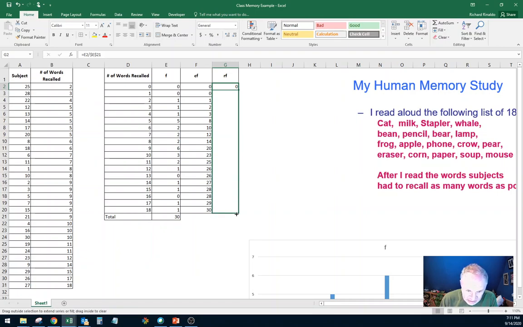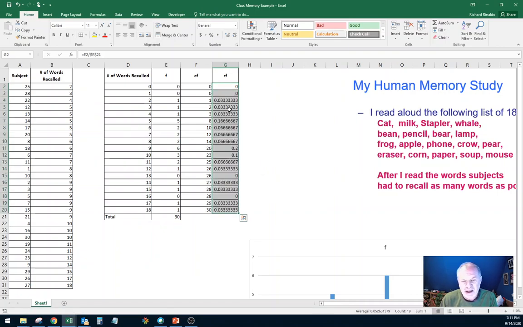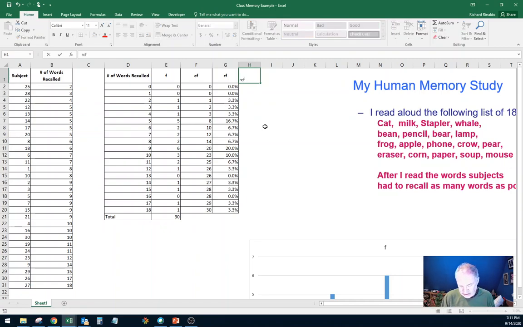If I do that, Excel treats it as a proportion. And if I want it to look like a percentage, I press the percent button. There you go. And I can have a relative cumulative frequency, and that's equal to the cumulative frequency divided by the number of people.